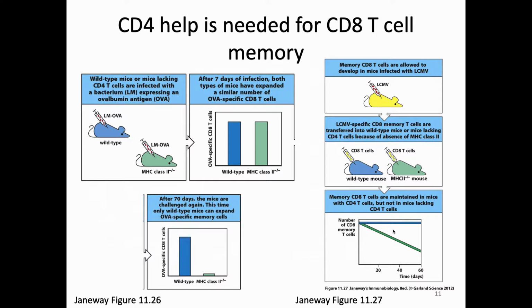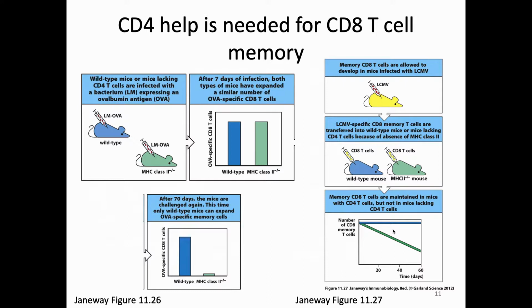Investigators took mice, either wild-type mice or class II deficient mice, and infected them with a bacterium, Listeria monocytogenes, expressing a specific antigen called ovalbumin, OVA. The MHC class II deficient mice, if you think about it, are going to also not have CD4 positive T cells. CD4 positive T cells cannot develop in those mice because of the lack of MHC class II.